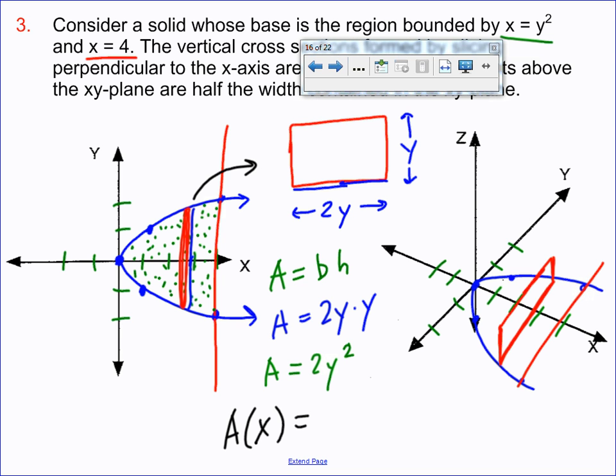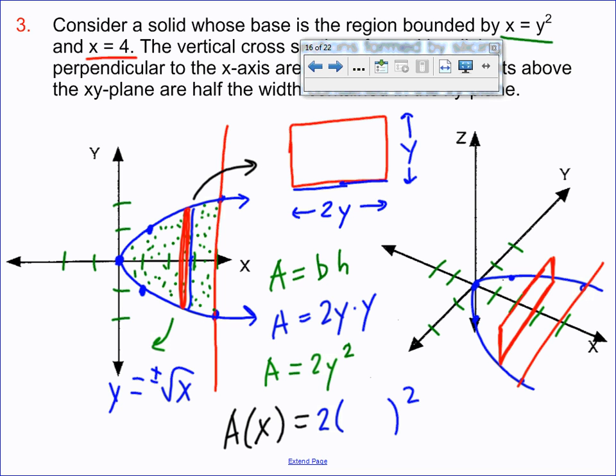So what's y given by? Y is given by plus and minus square root of x. We'll go back and we'll call this blue. Therefore, 2y squared will be given by 2, and what's y?